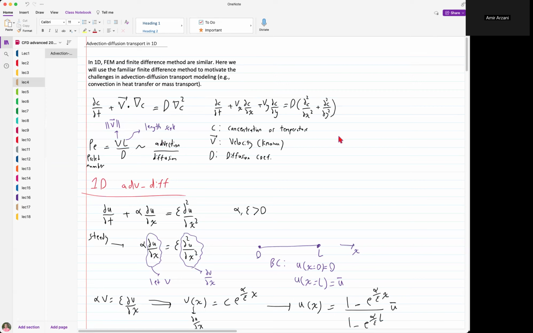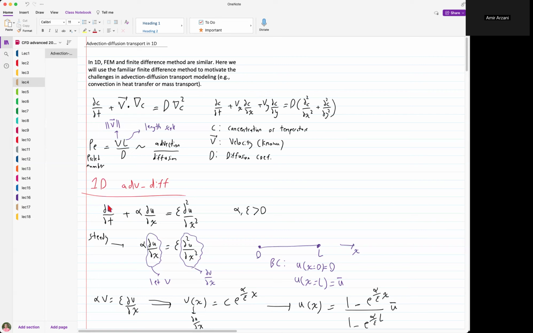In most fluid flow problems, the Peclet number is quite large, and because of that, as you will see, the problem becomes numerically difficult to solve. In general, the larger the Peclet number is, the more difficult it is to solve this advection-diffusion equation. Similar to Reynolds number, as it gets larger, it becomes more difficult to solve the Navier-Stokes equation.